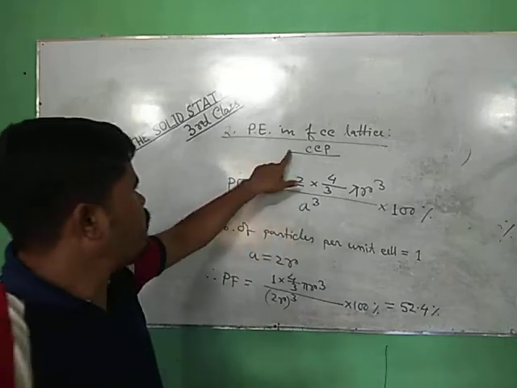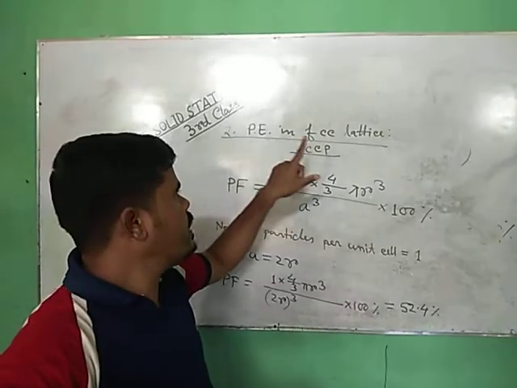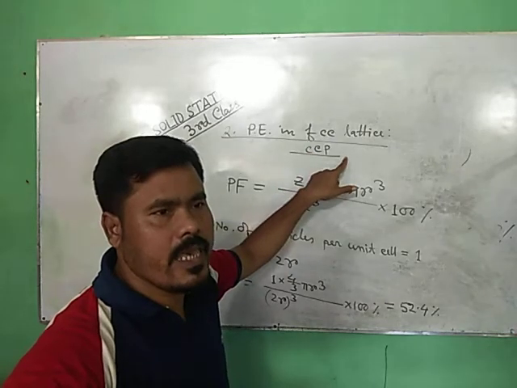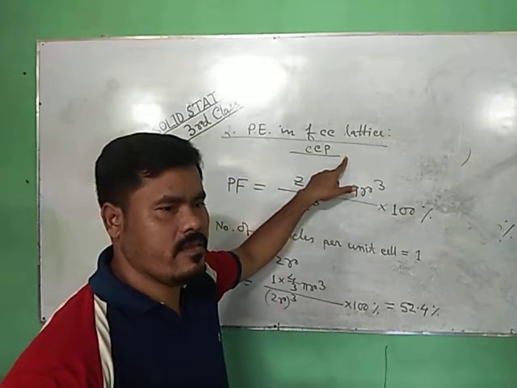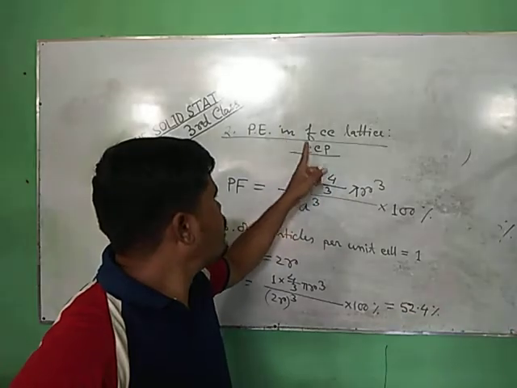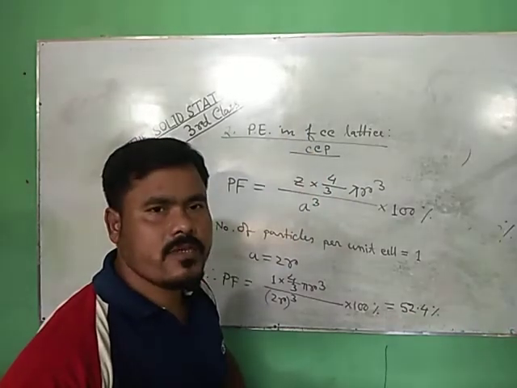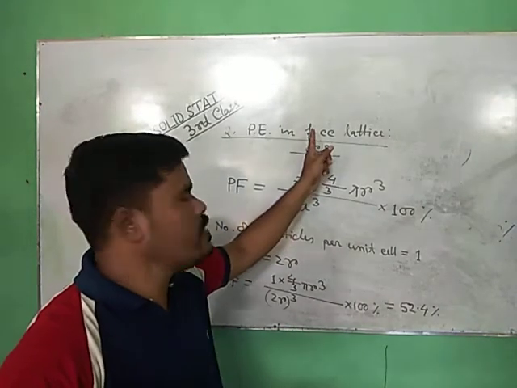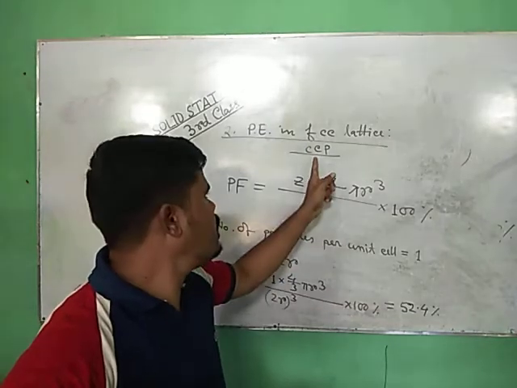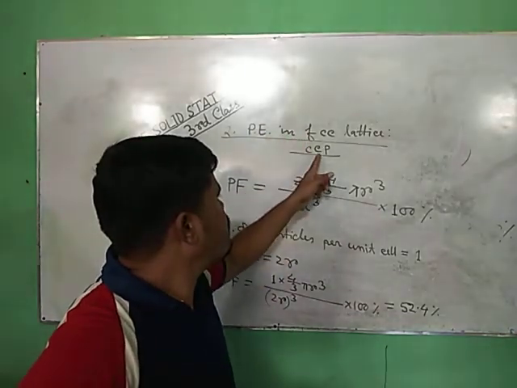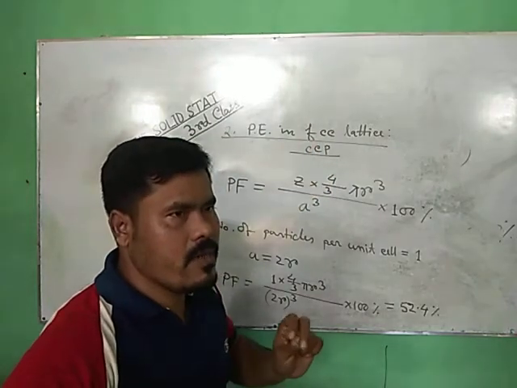After calculation of packing efficiency, we will find the packing efficiency of CCP is equal to hexagonal close packing. I will just calculate packing efficiency for the FCC lattice only, because your syllabus provides only this, not HCP.